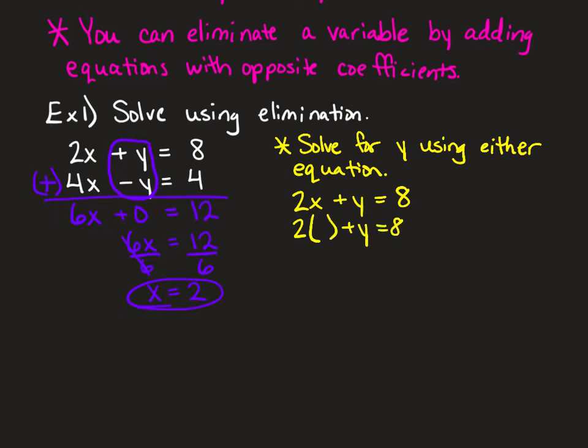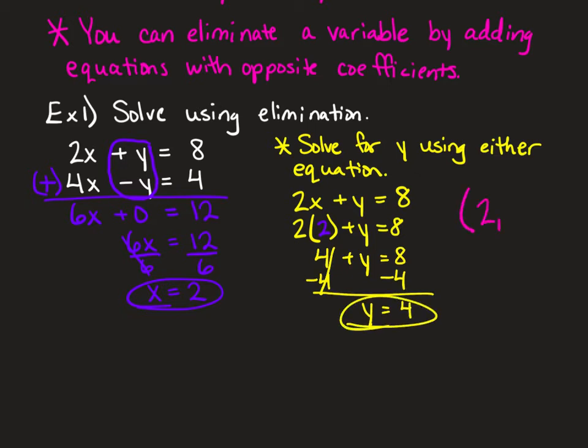I simplify this. 2 times 2 is 4, plus y equals 8. Subtract 4 from both sides to get y, and y is 4. So the solution to this system is where x is 2, y is 4. That's the solution to the system of equations.